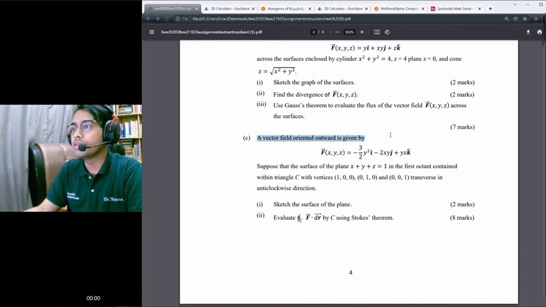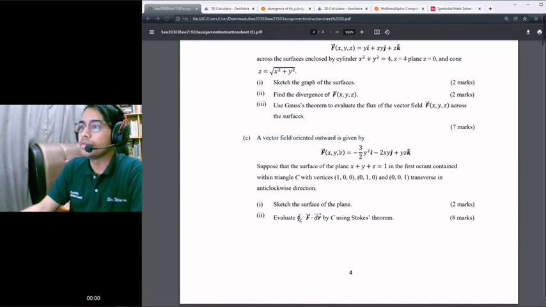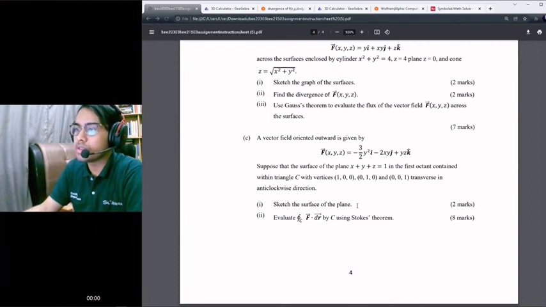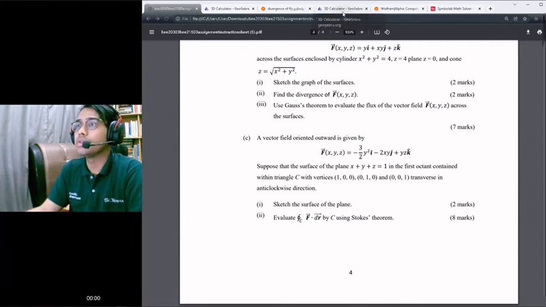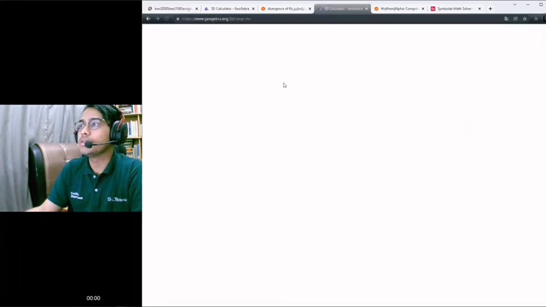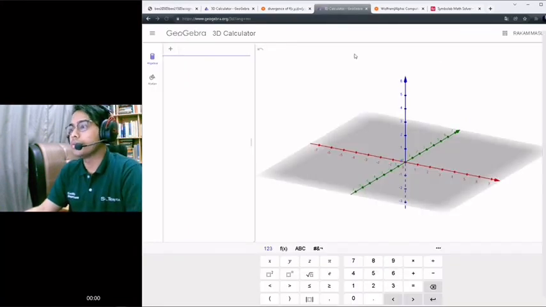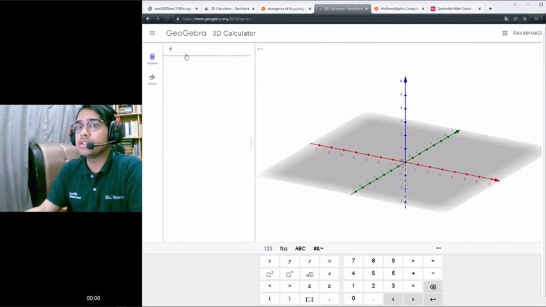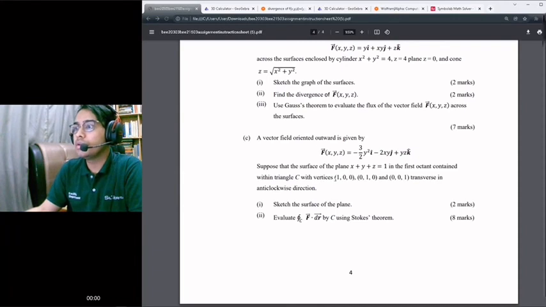Moving on to part C, a vector field oriented outward is given by this formula. To sketch the surface of the plane, we also need to use the 3D GeoGebra online software. Firstly we put in the points A, B, C, which are already given.